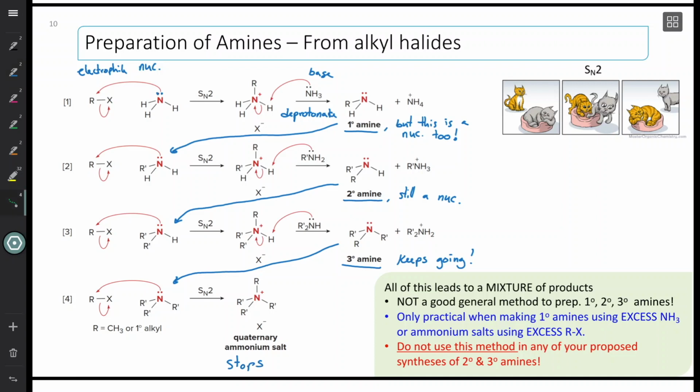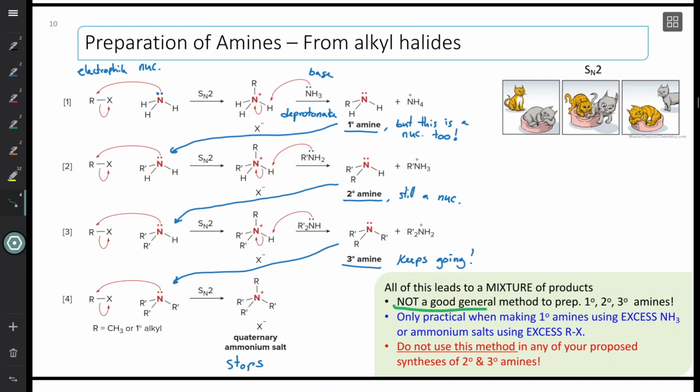And that's maybe not what you wanted to make when you set out to make your primary amine at the beginning. So really, this reaction method does not work very well.